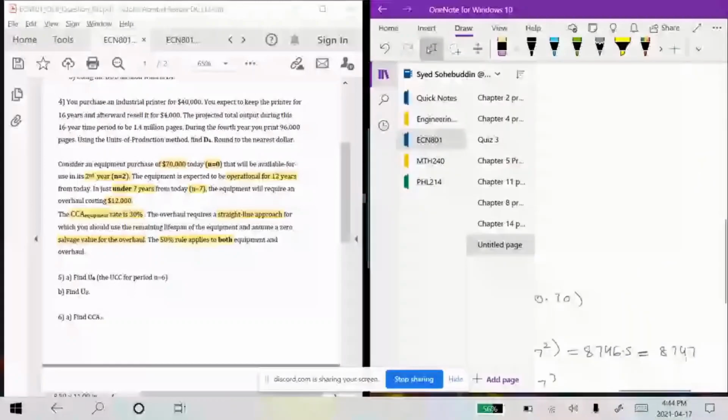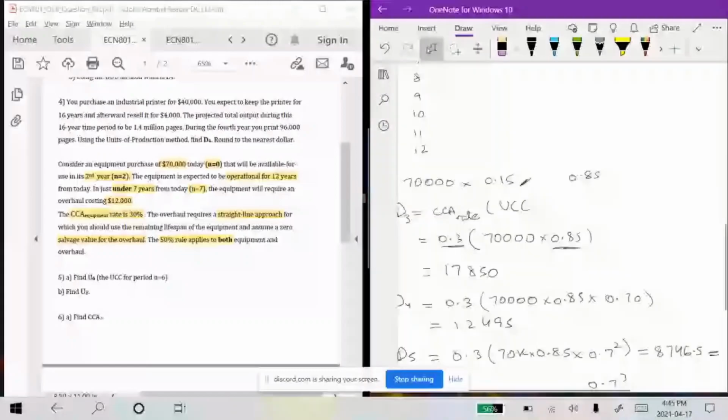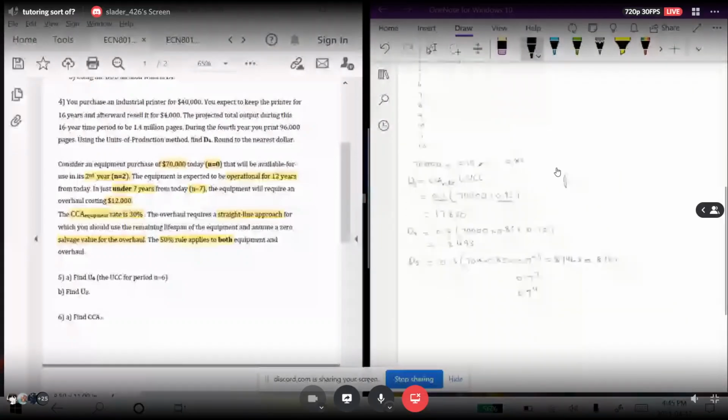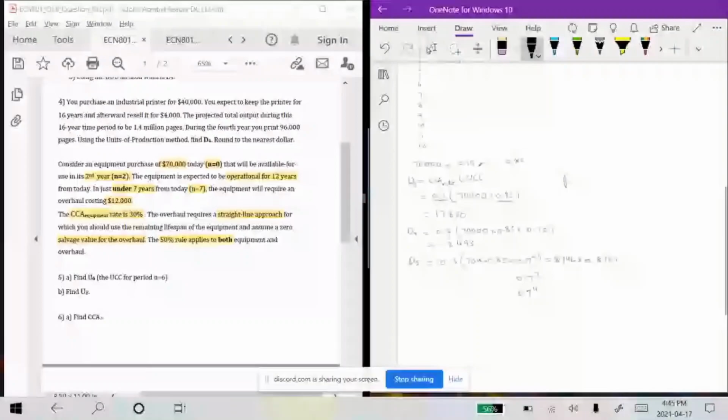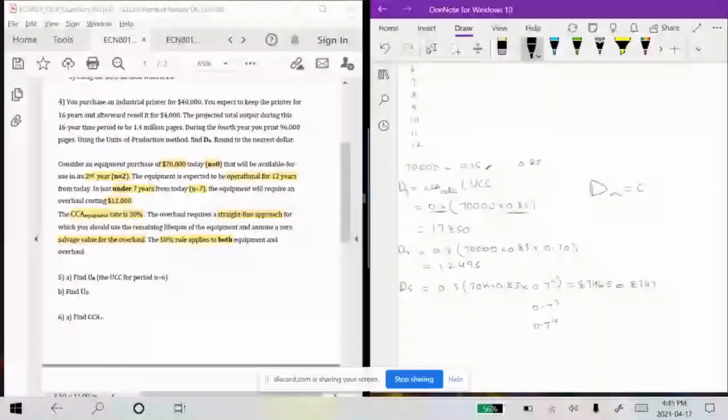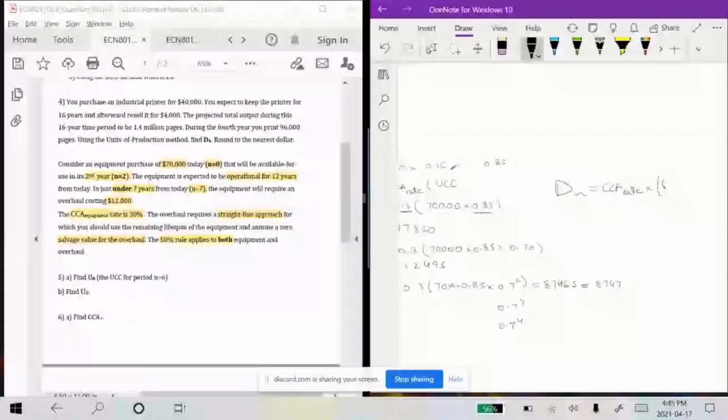I saw it in the slide. dn would be the CCA rate into the UCC n minus 1. So the UCC n minus 1 is just equal to CCA into u into p, and the first one is going to be different. Okay.